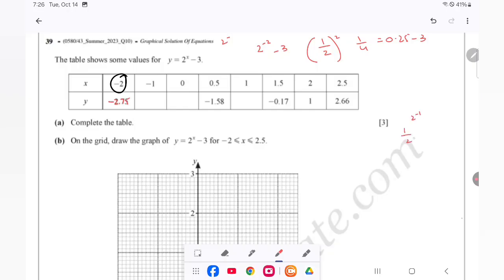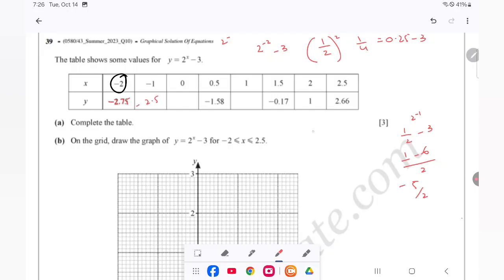On 2 to the power negative 1, it's simply 1 over 2 minus 3. So 1 over 2 minus 6 over 2 is negative 5 over 2, which gives you negative 2.5.